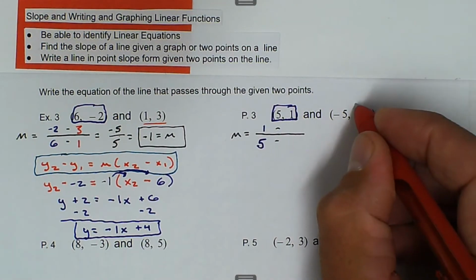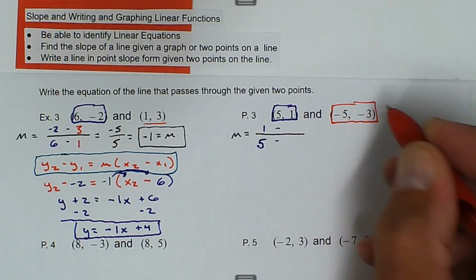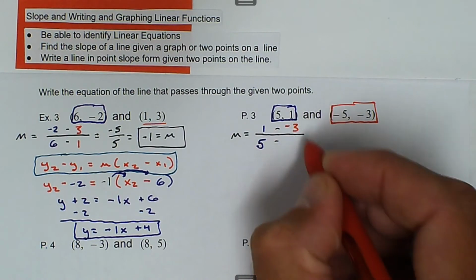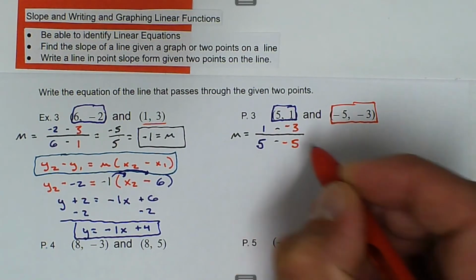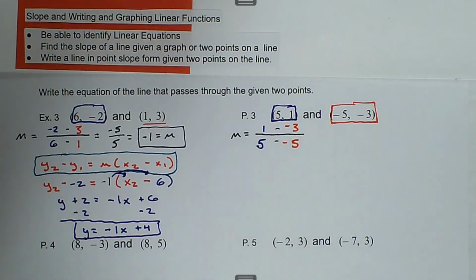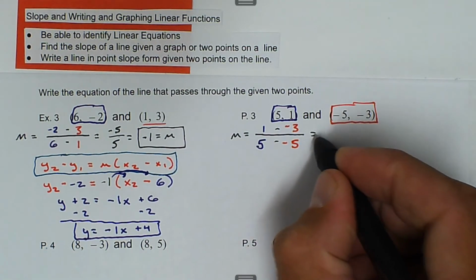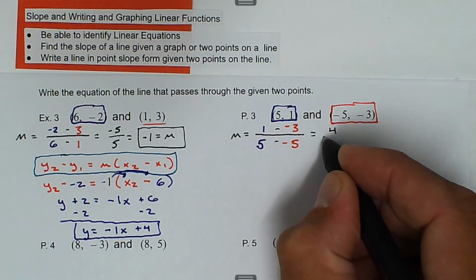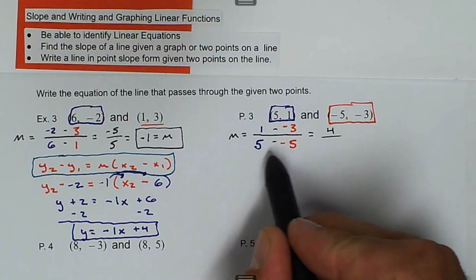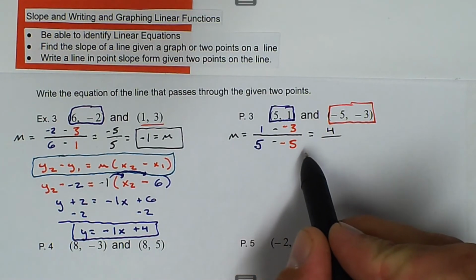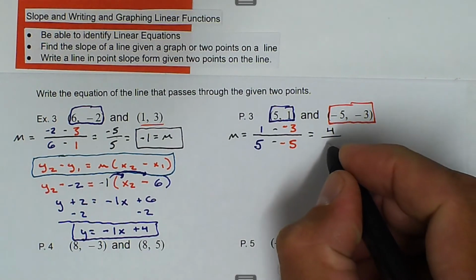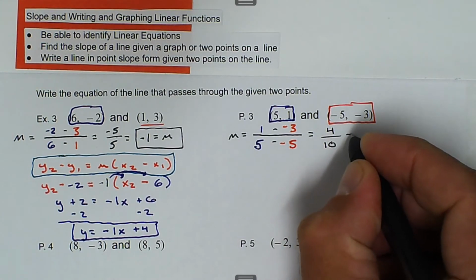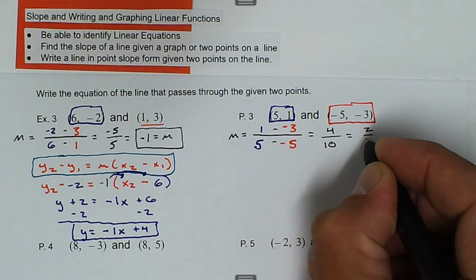And then I'm going to pick this one to go second, y in the numerator, x in the denominator. Then that will be equal to 1 minus a negative is positive, so that's 4, and 5 minus a negative 5 ends up being addition, so we get 10, and the slope can reduce to 2/5.